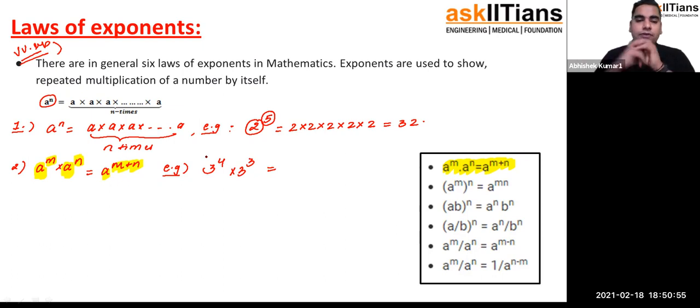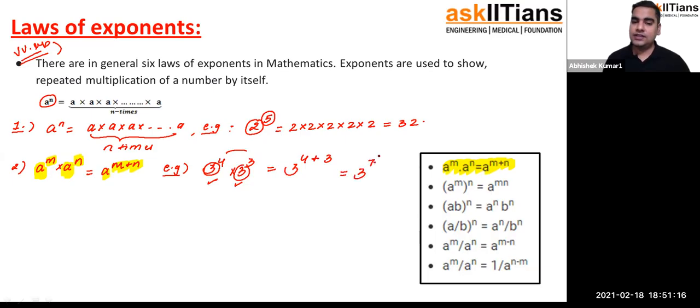The second approach is you can use this second law of exponent, which says whenever the base is same, all you have to do is add the powers. So 3 raised to the power 4 multiplied by 3 raised to the power 3 can be written as 3 raised to the power 4 plus 3. And what is 4 plus 3? That is 7. So this is same as 3 raised to the power 7. That's how you have to use this particular rule. Is that clear?